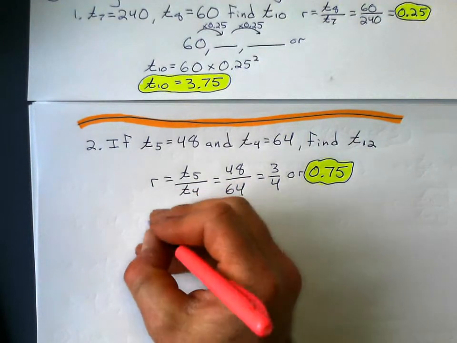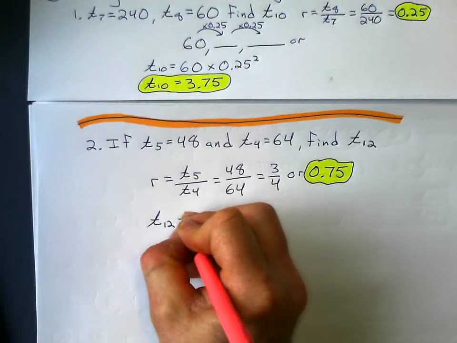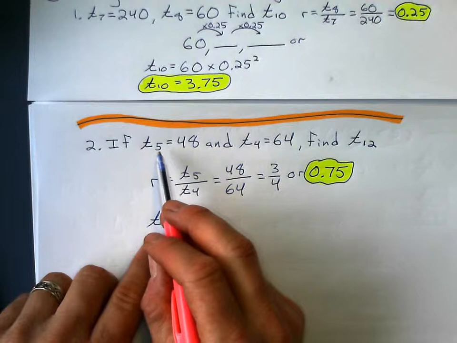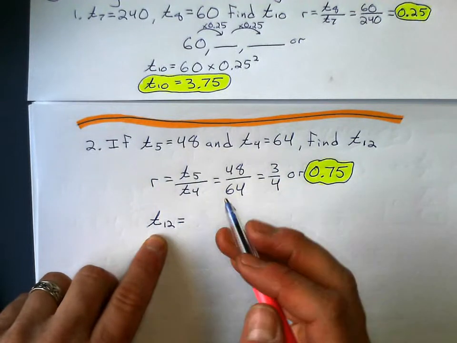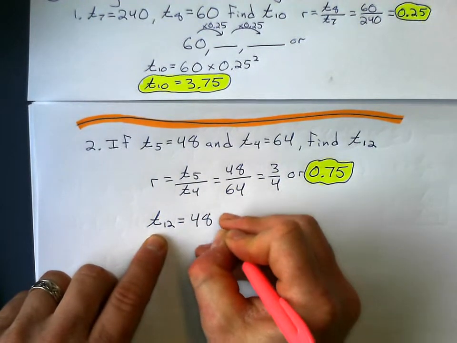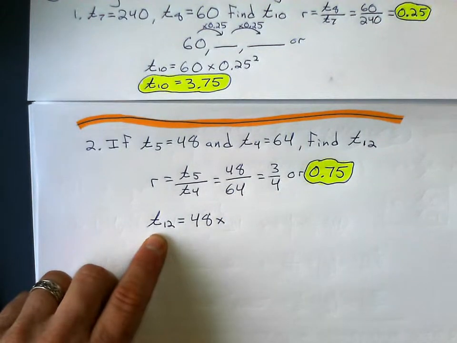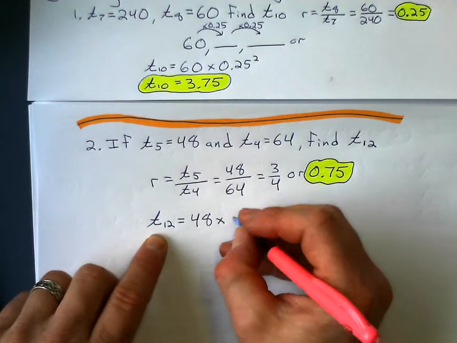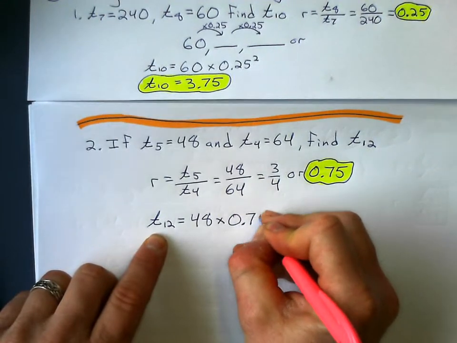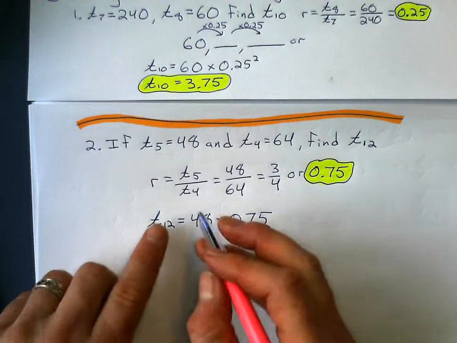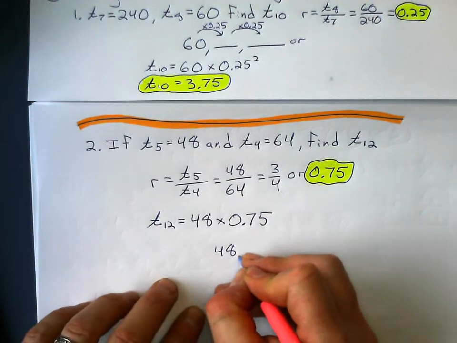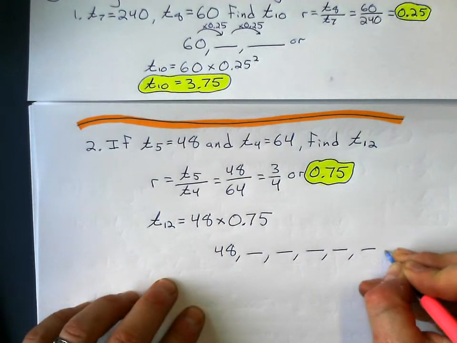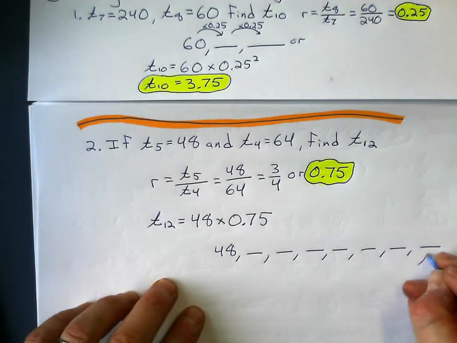Okay, so once we determine that, what's the most recent term I'm given? I'm given the 5th term, which is 48, and I'm going to ask how many steps does it take to get to that 12th term? And that's what my exponent will be. So 0.75, what I'm saying is, the 5th term is 48, 6th term, 7th, 8th, 9th, 10th, 11th, 12th.